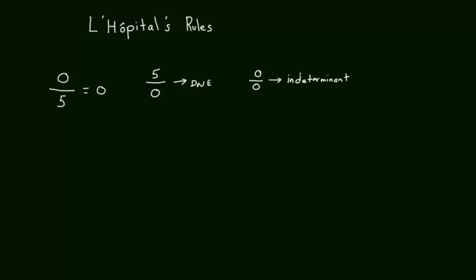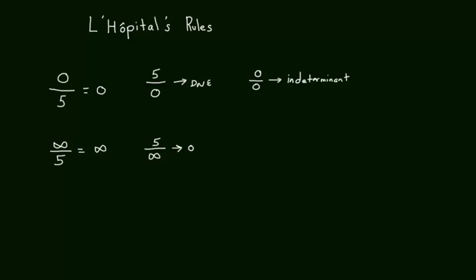Not yet determined. So if we took a limit and it gave us 0 over 0, we would need further investigation. Likewise, suppose I had infinity over 5. Well, that would still be infinity. Or if I had 5 over infinity, 5 divided by infinitely many, that would give us 0.